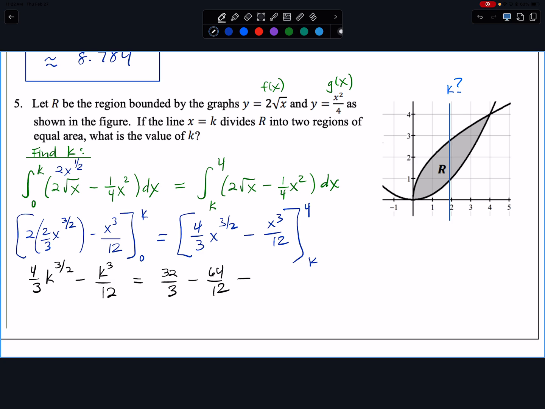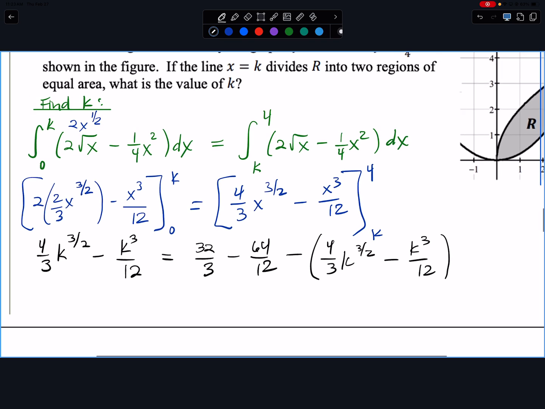Minus, now I'm going to plug in k, but notice that it's the same thing. So minus 4/3 k to the 3/2 minus k cubed over 12. Is everybody cool so far?